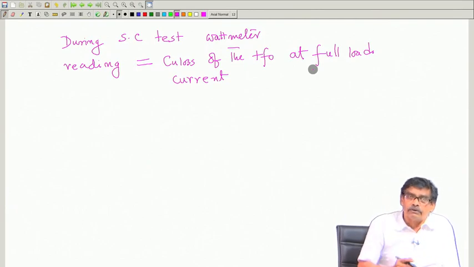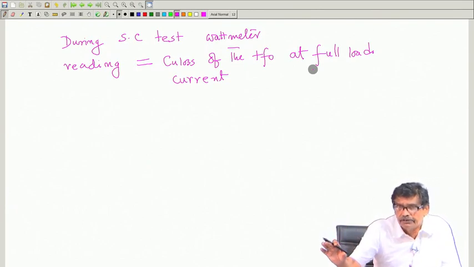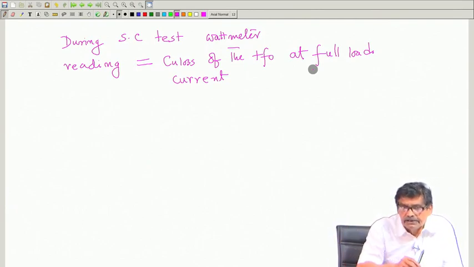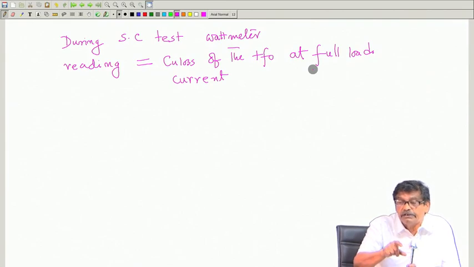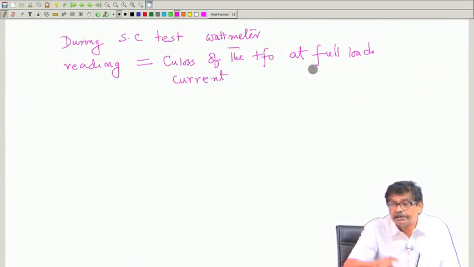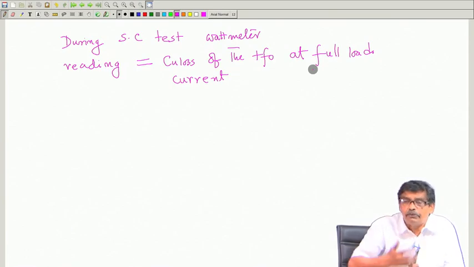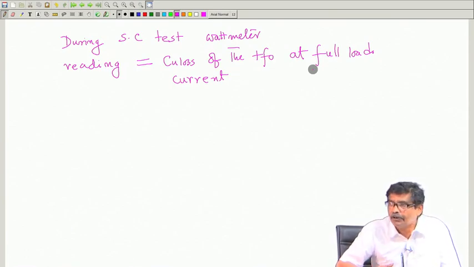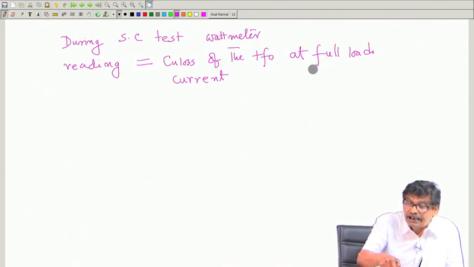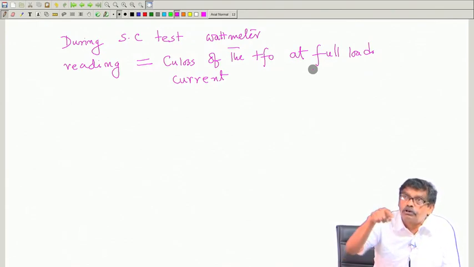Recall during short circuit test, short circuit the low voltage side, increase the input voltage from HV side such that you apply only that much voltage which will cause rated current to flow in both the windings, and whatever is the wattmeter reading, I say that is the copper loss. So, that copper loss was calculated at rated full load current.